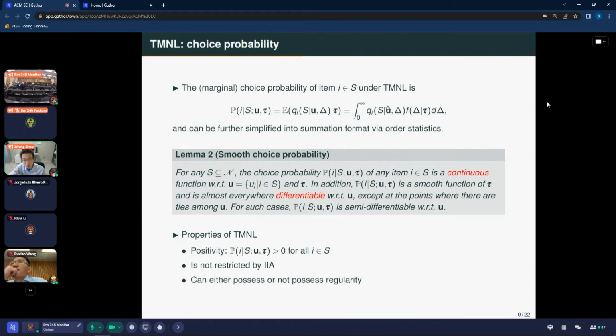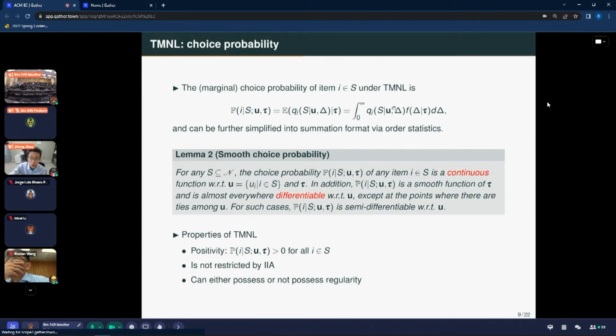This form is the choice probability of the T-loose model given a specific delta. Now I just integrate all of them together, and I will arrive at the TMNL model. This integral looks complicated, but it can be further simplified into a very simple summation form using order statistics. But due to time limit, I'll skip that part.